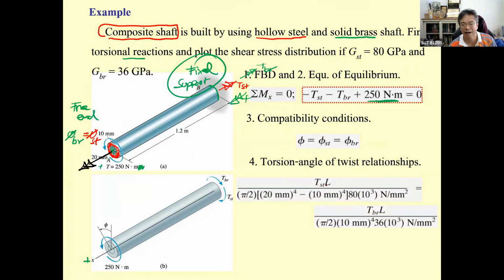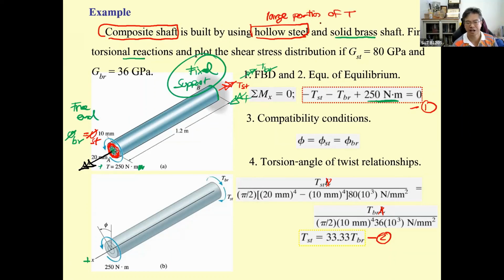You can cancel the L, and then you get T of the steel is going to be 33.33 times T of the brass. That means the outer hollow steel takes a large portion of the torque. That follows what we have discussed: the hollow section is more effective than the solid section.